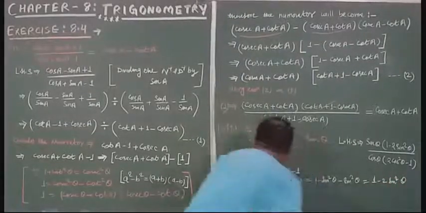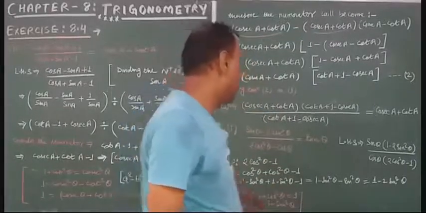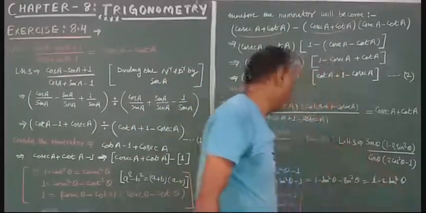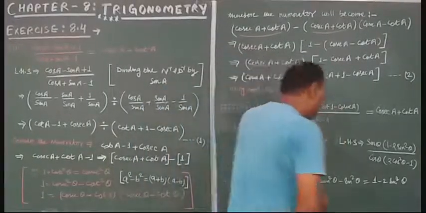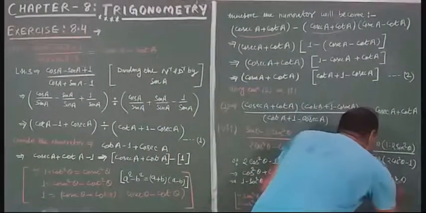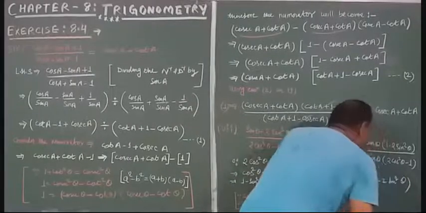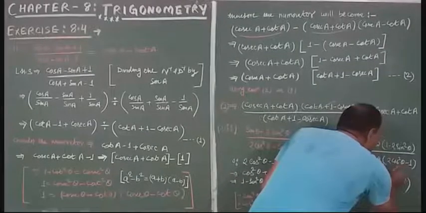This is the value of 2 cos square theta minus 1. And this 2 cos square theta minus 1 can be replaced with 1 minus 2 sin square theta.